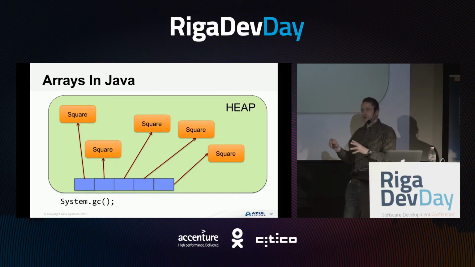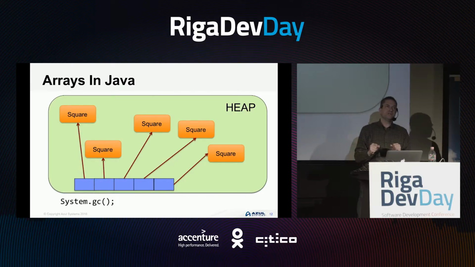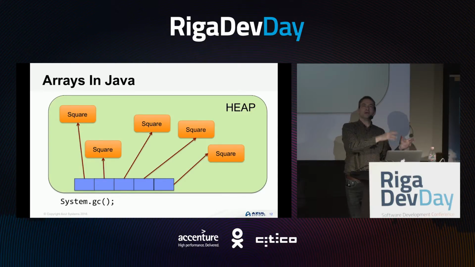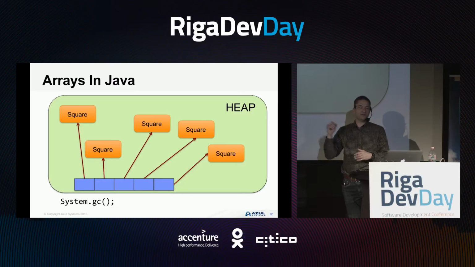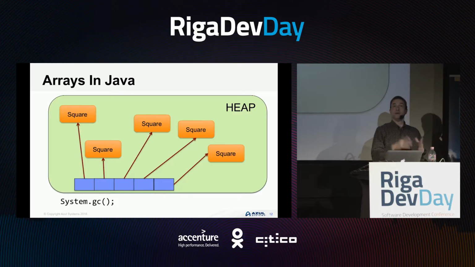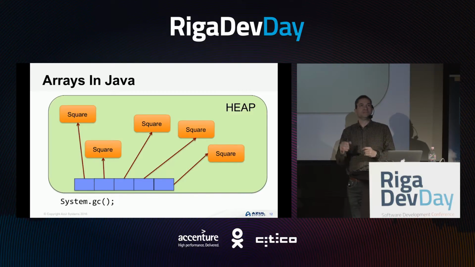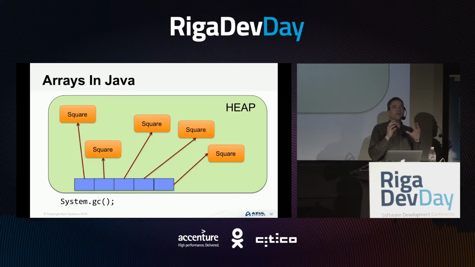Now, some people have said, well, you might actually still get them contiguous in memory once you've done the garbage collection, because if you've got a copying collector, they might actually end up contiguous in memory. Quite true, they might. But the point is, there's no guarantee that they will. So, yeah, they may end up contiguous, but they may just as easily end up spread around the heap. So we can't rely on the fact that all these objects are going to be contiguous in memory.